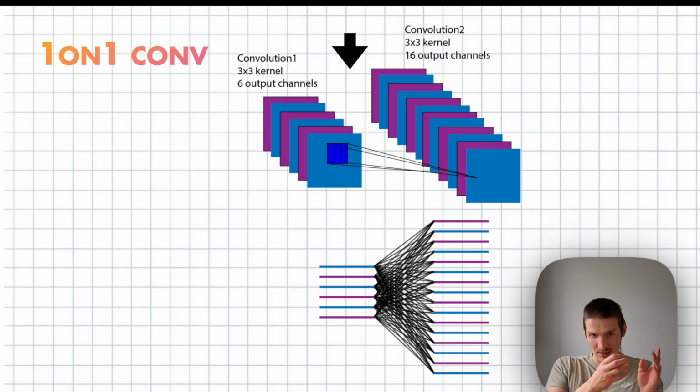It takes the input pixel, takes the output pixel, and performs a fully connected layer computation just within that pixel. So it's basically a way to add complexity to the function being approximated just within this one pixel.